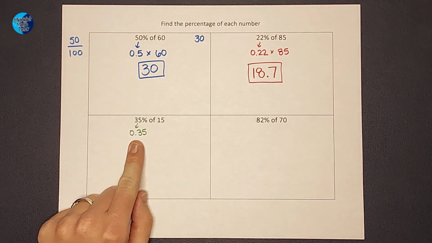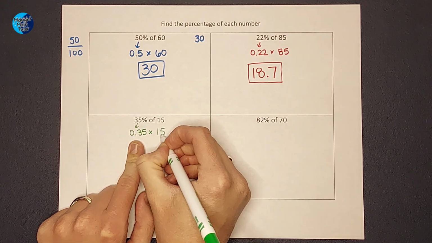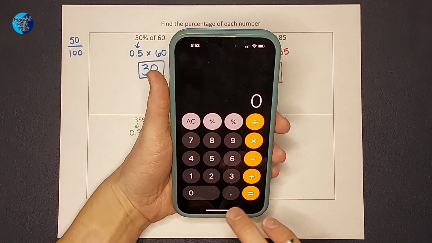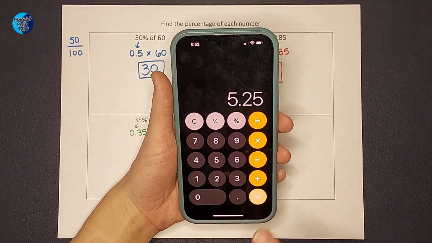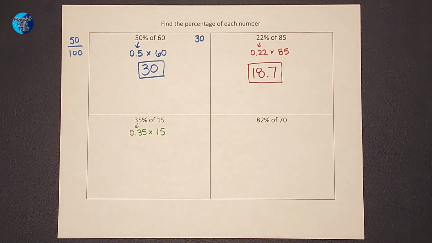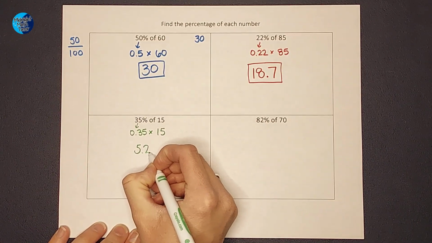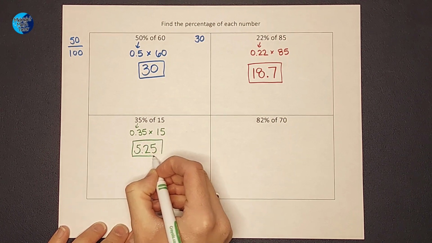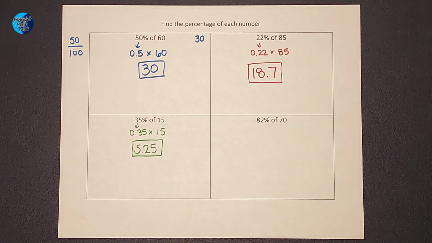All right, I'm going to take that 0.35 and multiply it by 15. And let's see what we get. 0.35 times 15 gives me 5.25. So again, if a store is like 35% off our $15 items, well, you'd be saving $5.25.